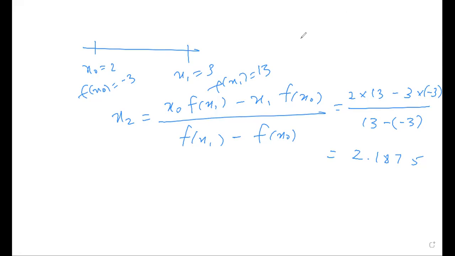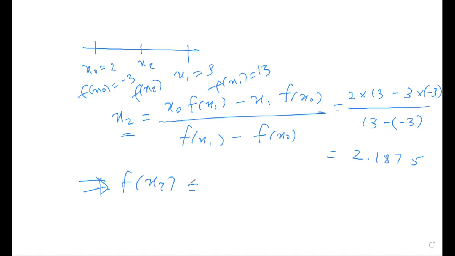Okay, give me a second. Okay, that's fine. So after finding our new point, x2, we know surely it is in between 2 and 3, 2.1875 somewhere here. First of all, you have to find f(x2).